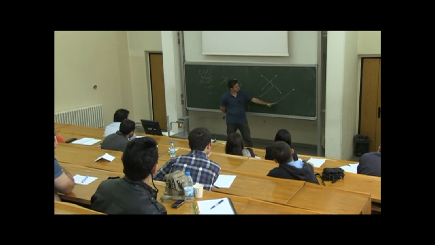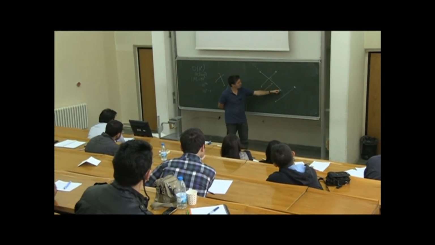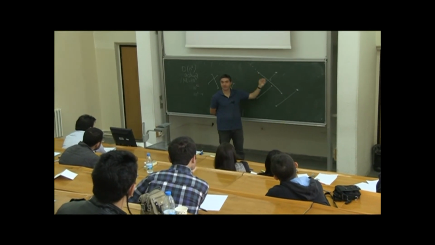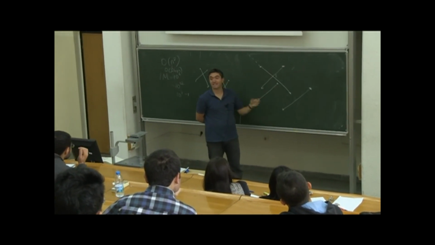Here, this one does not intersect with this one because both of these points lie on the left side. But for this one, these points lie on the opposite sides. Yes, exactly.